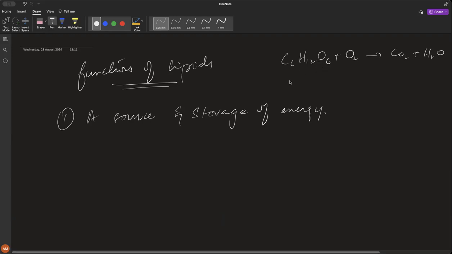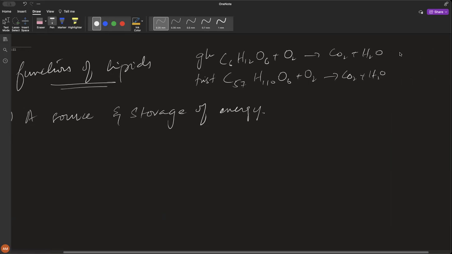Any organic compound, let's say glucose, C6H12O6, even if it was a lipid, this is glucose and this is the fat that we studied. Both of them are going to produce carbon dioxide and water, and both of them are going to produce energy, right?